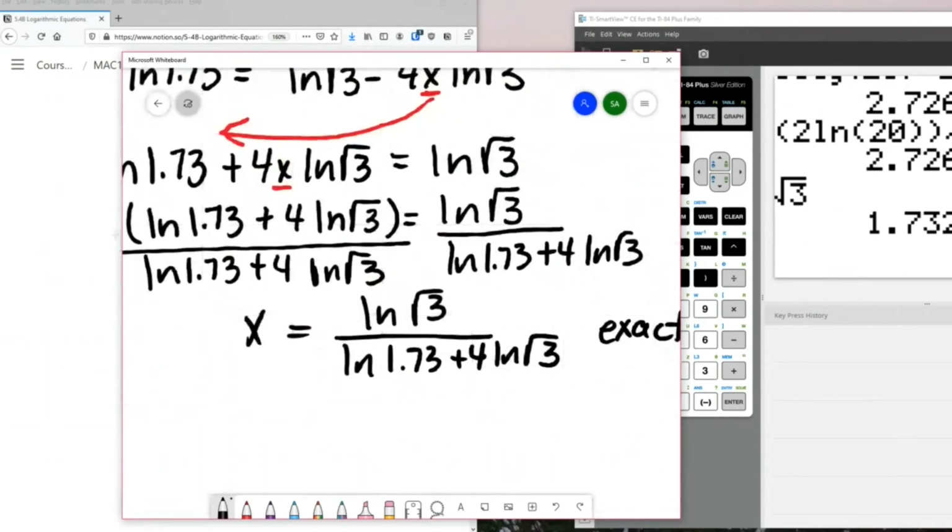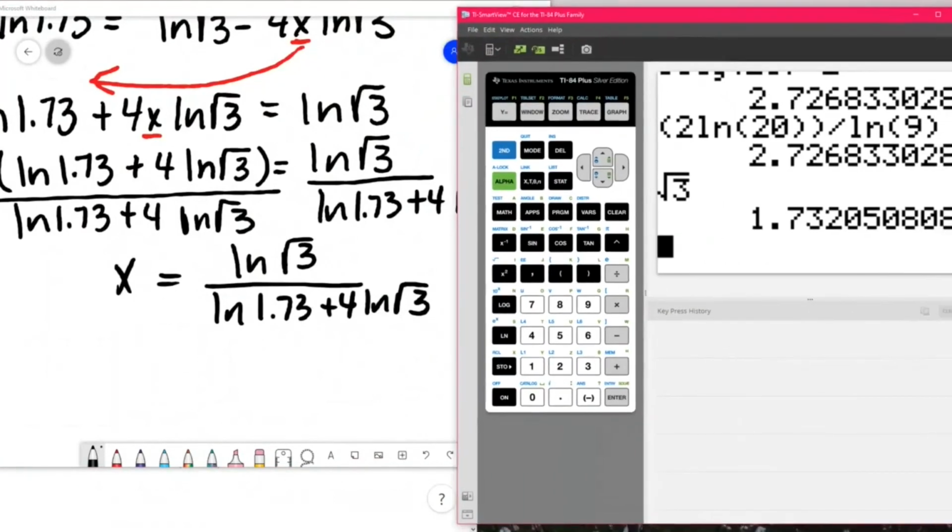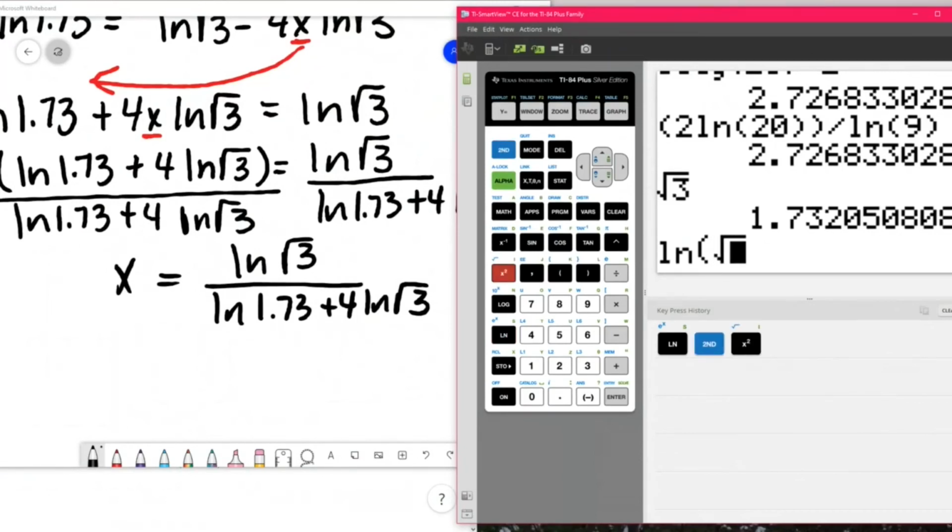In the calculator, we want to type natural log of square root 3. I'm going to close parenthesis for the log and then divide. I need parentheses around my whole denominator to make sure we're dividing by both of those terms and not just the first one that we type.